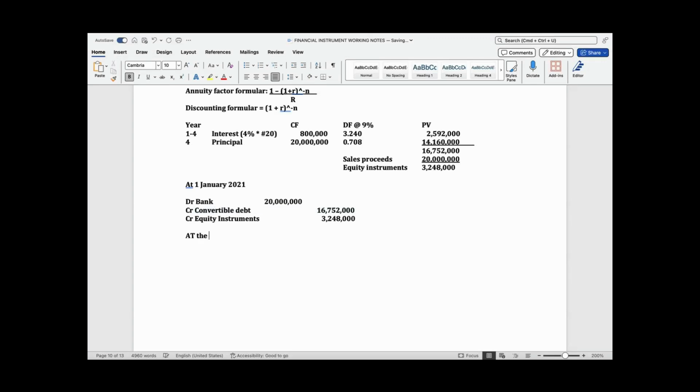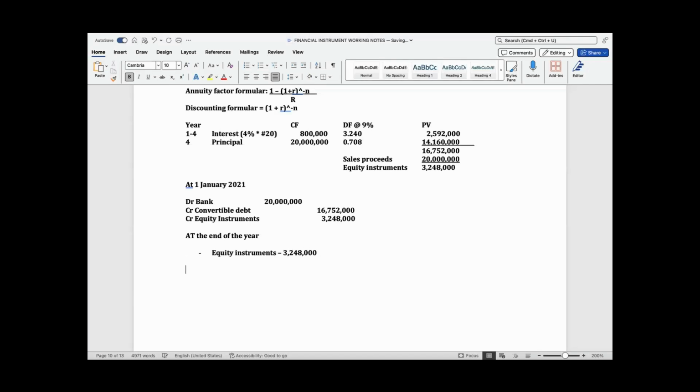at the end of the year, my equity instruments will not change. It still remains, it will be like this all through, year in, year out.